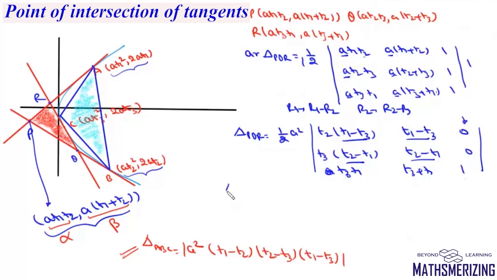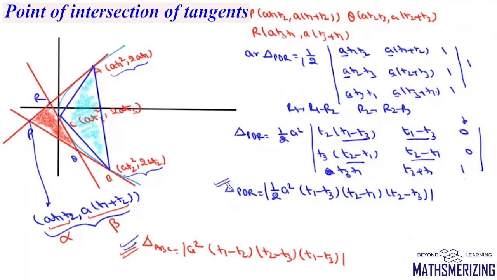So we'll get this result as area of triangle PQR, and this is 1 by 2 into A square, and here we have T1 minus T3, T2 minus T1, and if we expand about this third column, we'll get T2 minus T3 and its modulus value.